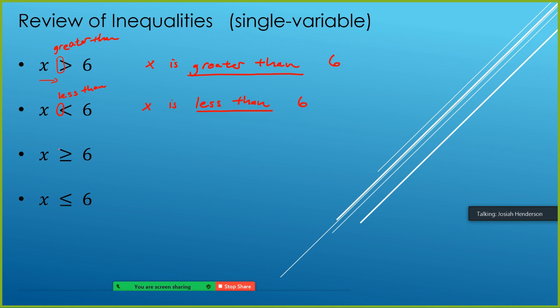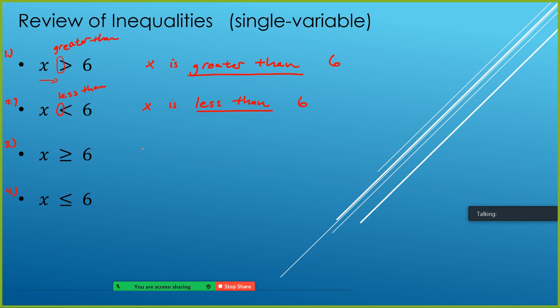For the last two, would anyone be willing to tell the group what those ones are, or at least what number 3 is? If this is number 1, number 2, and number 3. Number 3. Oh, sorry. No, go.